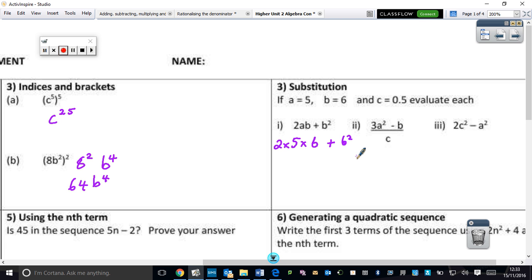Now in a non-calculator way, you have to work it out. So I'm going to do it that way, just to show you what you do. I will multiply the big numbers first. 6 times 5 is 30. 30 times 2, 60. 6 times 6 is 36. Beautiful. So the answer is 96.